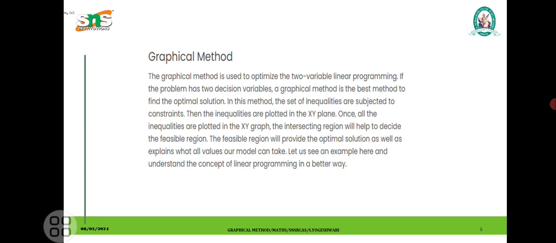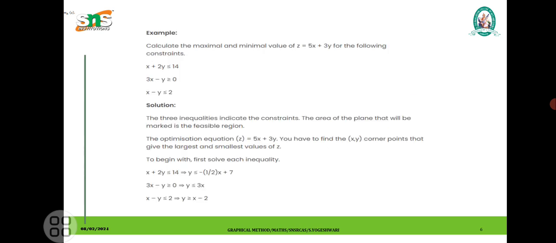Once all the inequalities are plotted in the XY graph, the intersecting region will help to decide the feasible region. The feasible region will provide the optimal solution as well as explain what all the values our model can take.